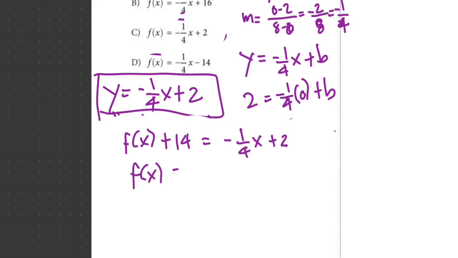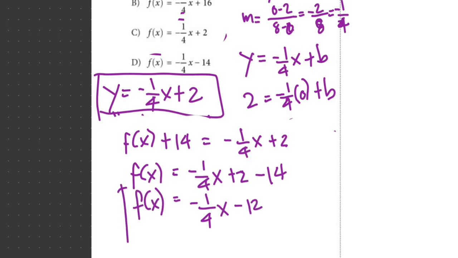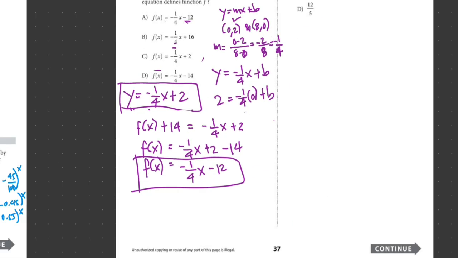Therefore, f of x is equal to negative 1/4 x plus 2 minus 14. So the function would become negative 1/4 x minus 12. So this is the answer. This one.